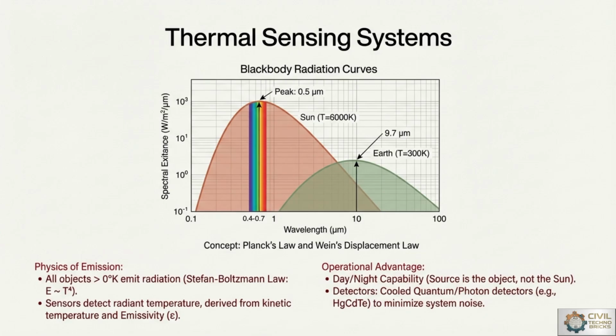Also we can use cooled quantum or photon detectors like HgCdTe to minimize the system noise. Basically all these sensors work for the study of temperature, where the visible bands are used from range 0.4 to 0.7 to study the actual thermal changes or variation.